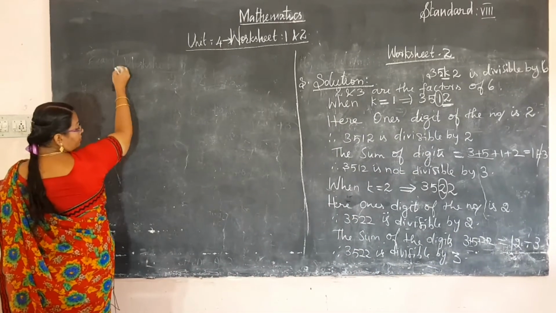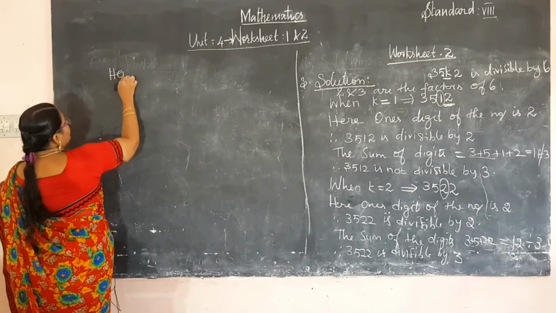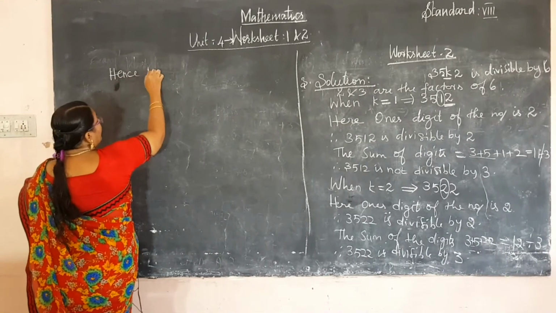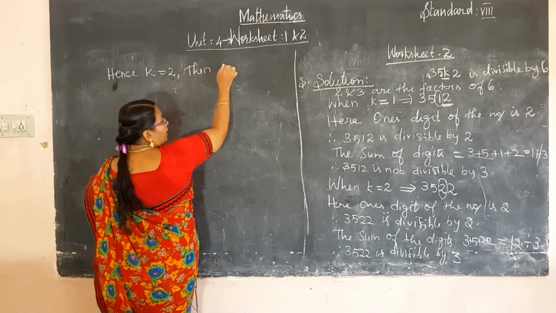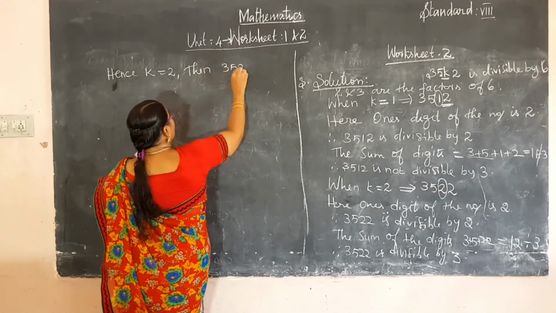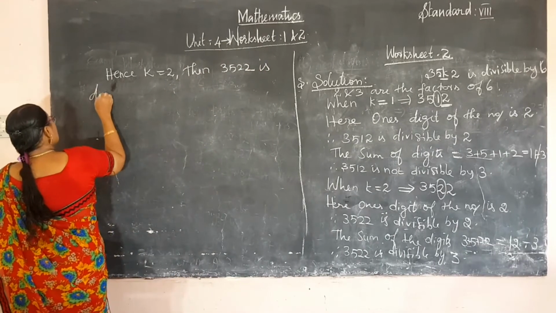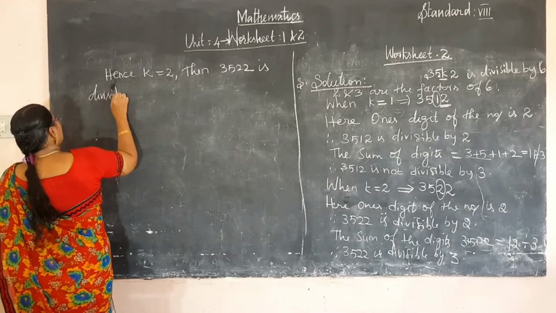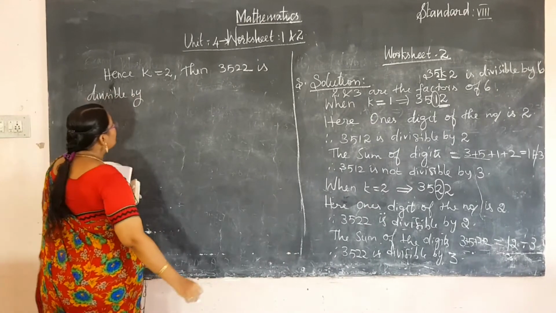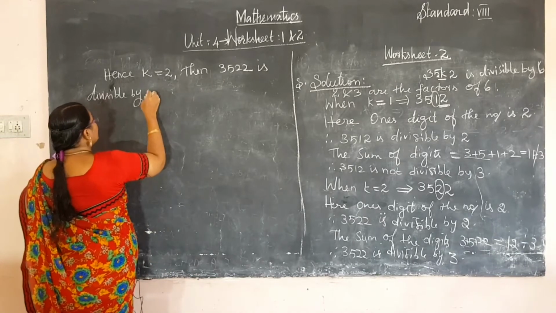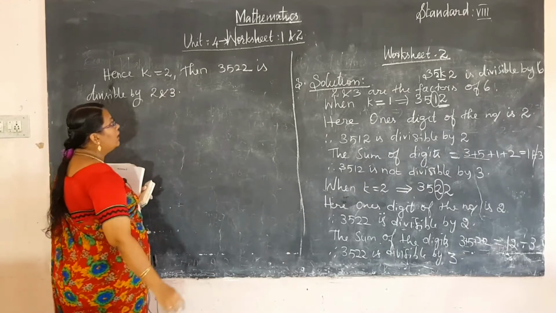Hence, k is equal to 2. Then 3522 is divisible by 2 and 3.